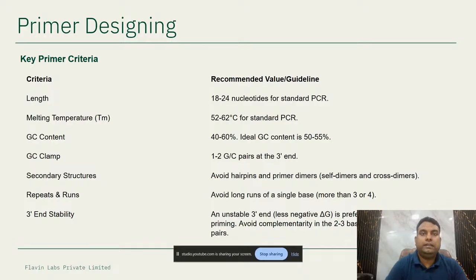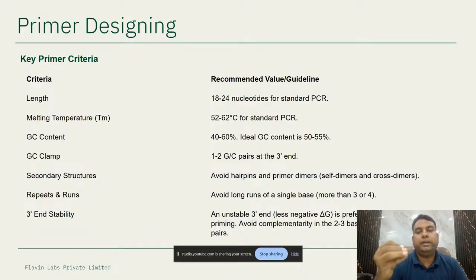Before designing the primer, or going to the actual designing step, we have to make sure that it follows certain criteria, so that whatever we design is of optimal use. First, length. Length matters.